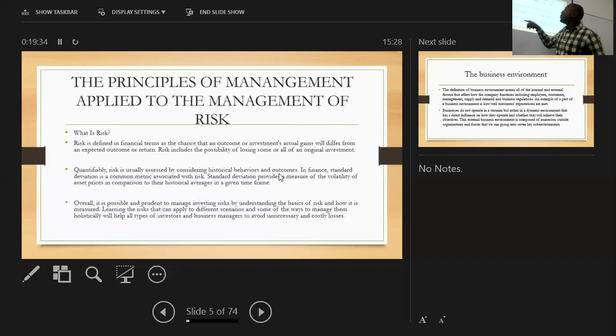Quantifiably, risk is usually assessed by considering historical behaviors and outcomes. In finance, standard deviation is a common metric associated with risk. A metric is a standard of measure. Do we agree?